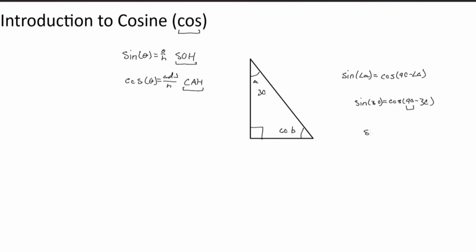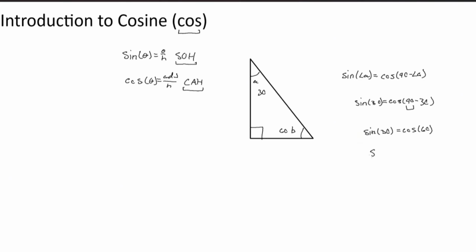So in this case, sine of 30 is equal to cosine of 60. It's always going to be the opposite acute angle. So the sine of an angle is equal to the cosine of the opposite acute angle.